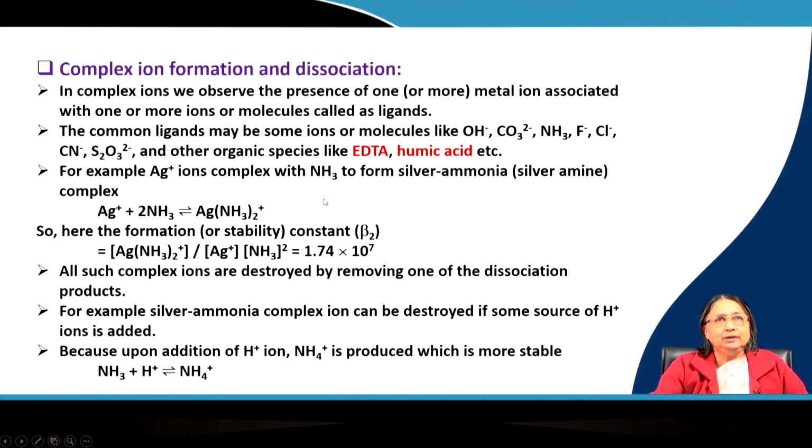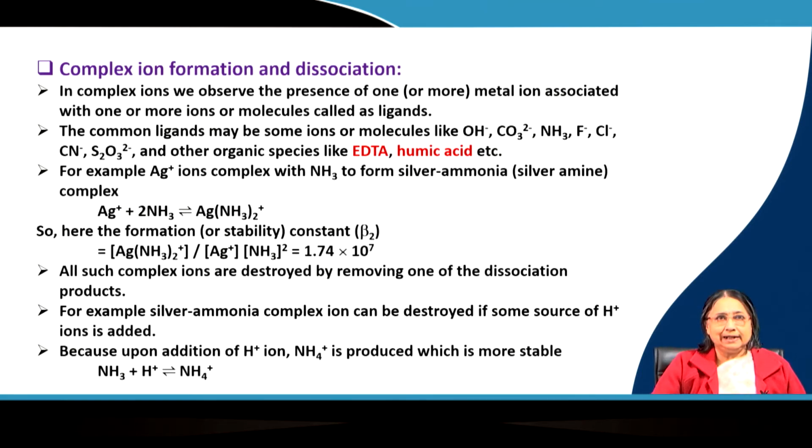In this ion we see that there is a metal ion, and this metal ion is complexed with, or associated with, one or more ions or molecules. Here in this case it is a molecule, but in some cases it may be an ion also.